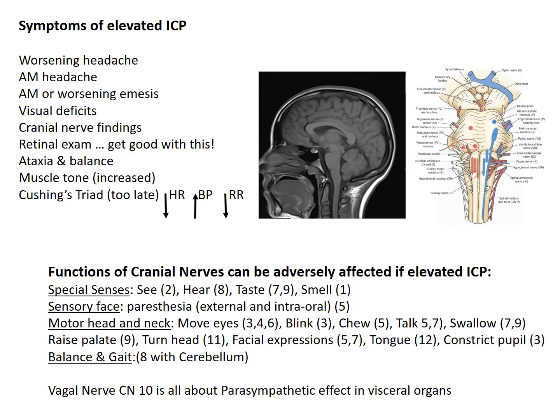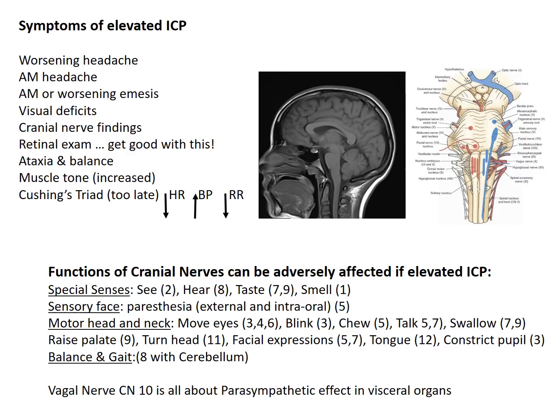Same thing if the mass lesion were right on the brainstem and pushing on the brainstem, another way that those cranial nerves can be affected. So doing a good cranial nerve exam in an individual with a headache, if you find cranial nerve findings, one of the things that you've got to be concerned about immediately is that something is going on which is elevating intracranial pressure.